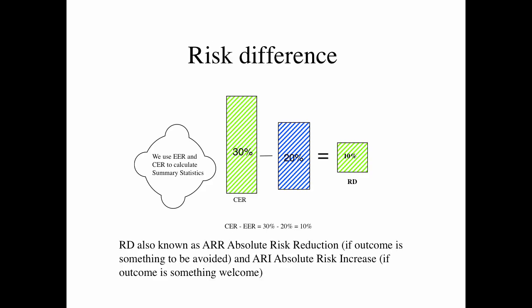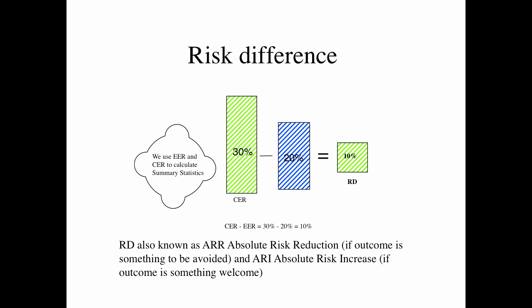The first of these is what's called the risk difference. Difference, you may remember from maths days, is what's left after you subtract one thing from another. So if we subtract the EER from the CER, we get 10%. So the risk difference in this case is 10%.